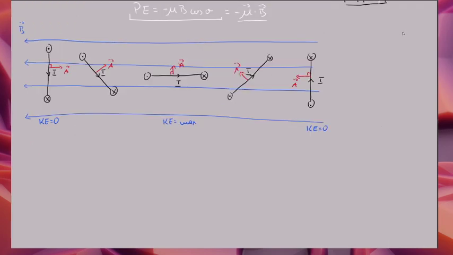All right, so I redrew the picture, and let's see if we can understand how to properly use this equation. The equation is not difficult to understand. We have kinetic energy being 0 at this point, kinetic energy being maximum at this point, and kinetic energy being 0 at this point.